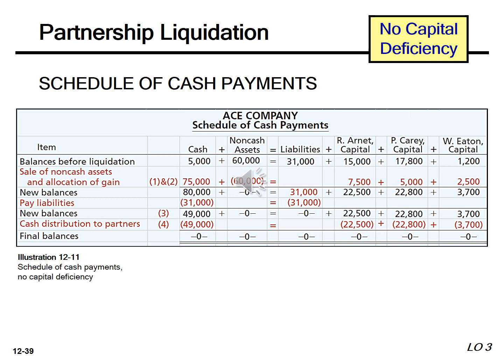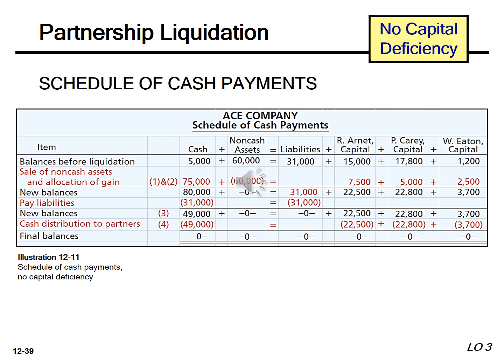So 7,500 was allocated to Arnett, 5,000 was allocated to Carey, and 2,500 was allocated to Eaton's capital based on the split ratio that we have on the partnership agreement. So the new balances are going to be 80,000 for cash, 0 for non-cash assets. The liabilities are still 31,000. We haven't paid them, but Arnett's capital is going to be 22,500. Carey's capital is going to be 22,800, and Eaton's capital is going to be 3,700.